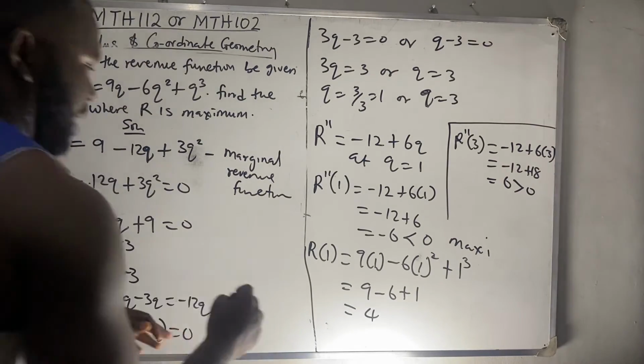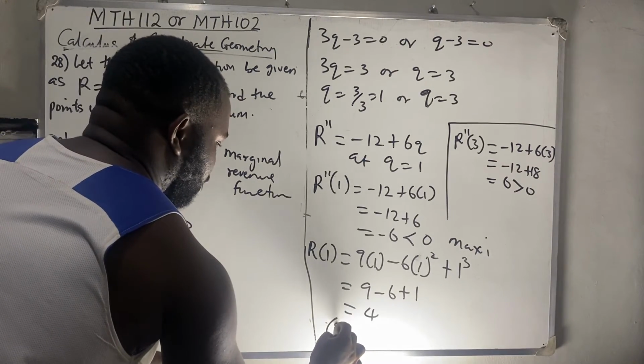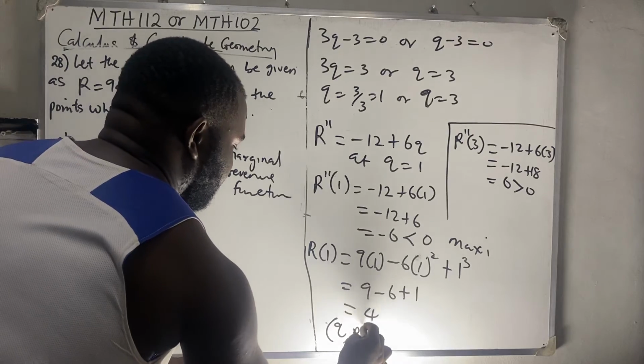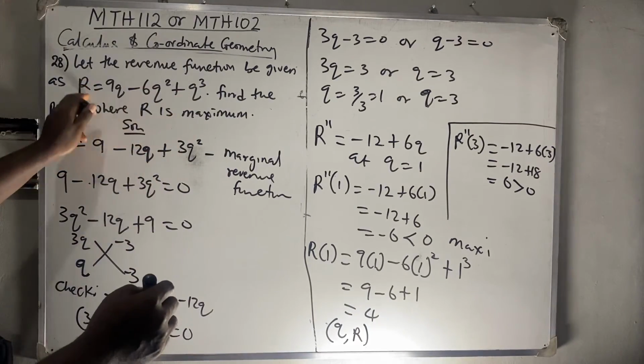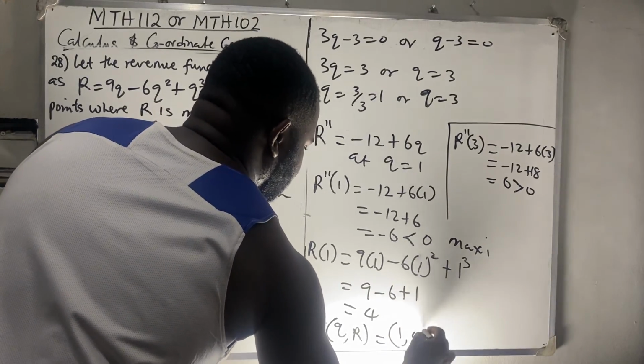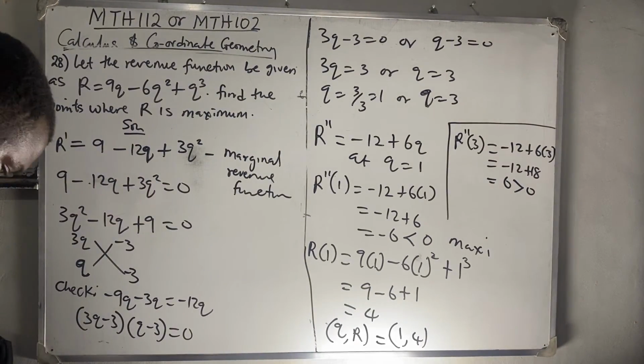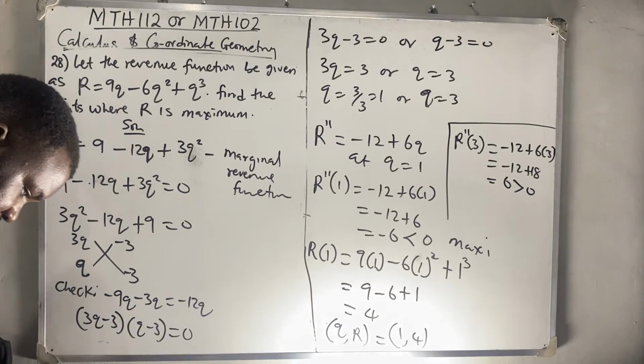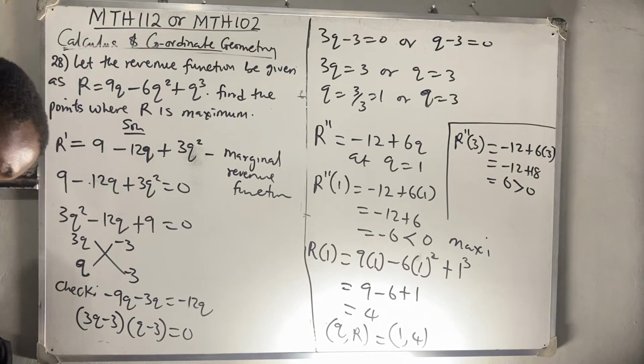The maximum point is now Q and R, the independent before the dependent. So Q is 1 and R is 4. That is the maximum point. As simple as that.